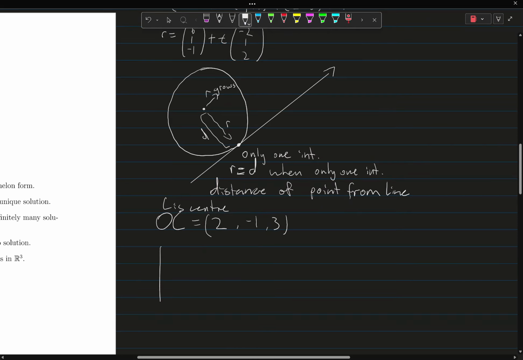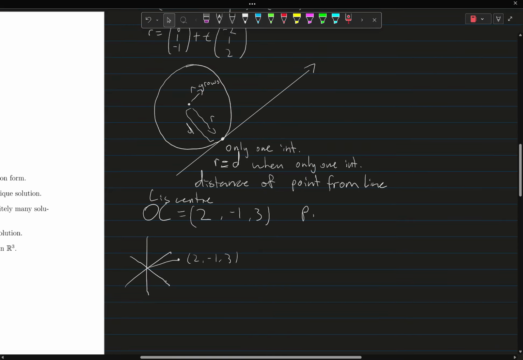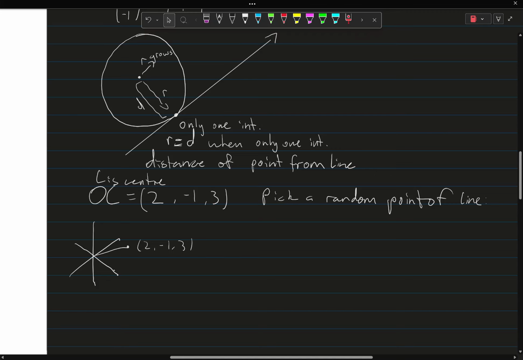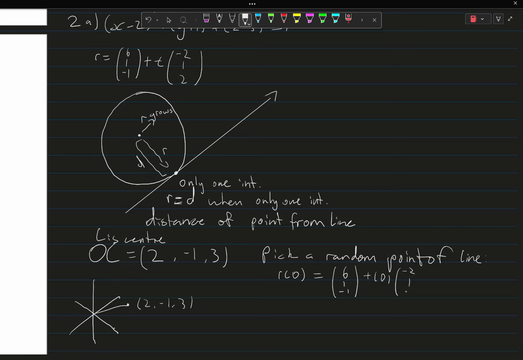So in our diagram, we have 2, -1, 3. And we just pick a random point on the line. So let's just pick when t is 0, so r0. So that would be 6, 1, -1 plus 0, -2, 1, 2.